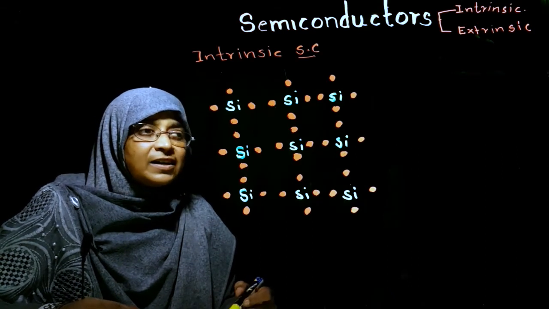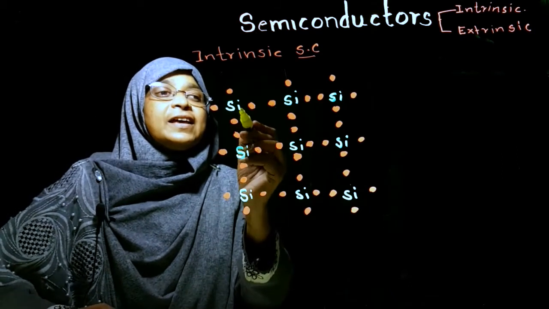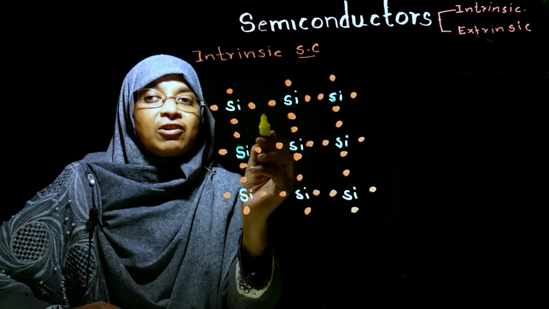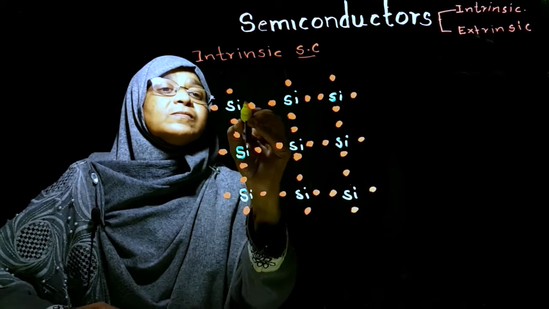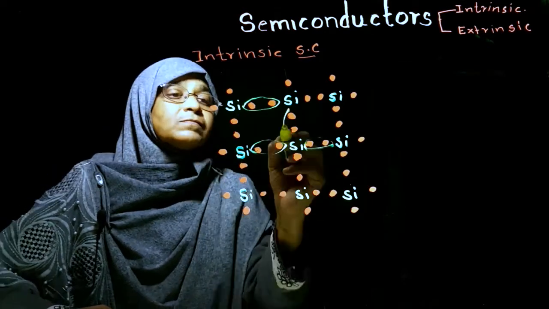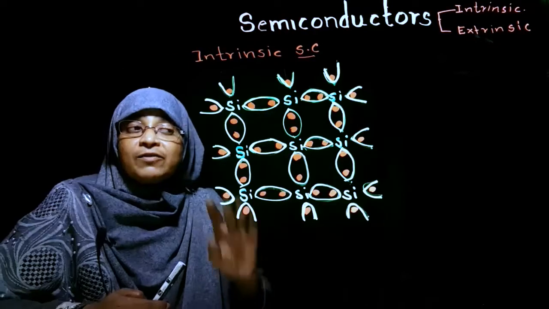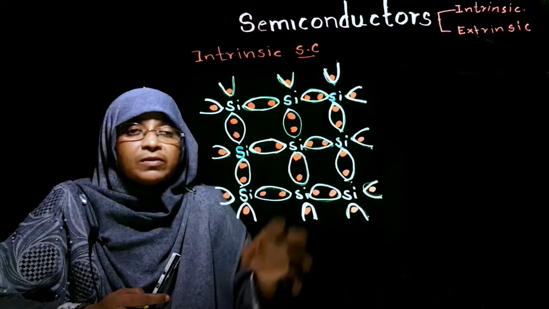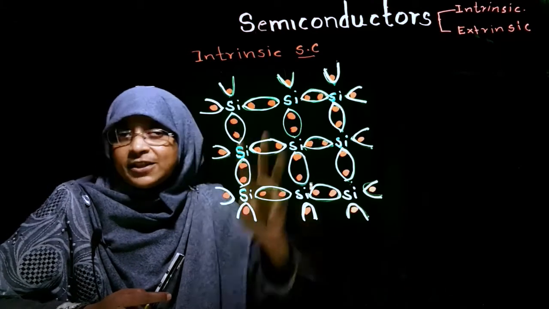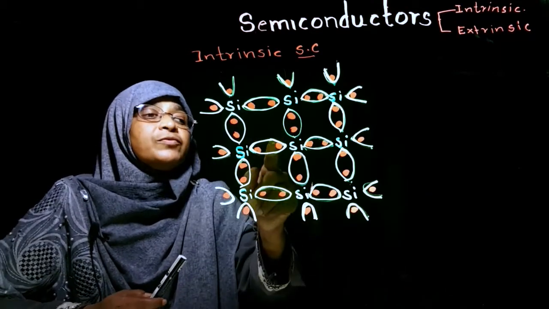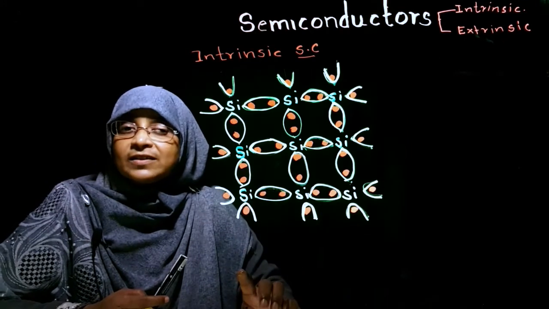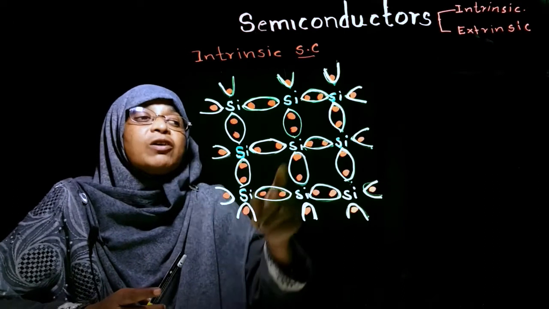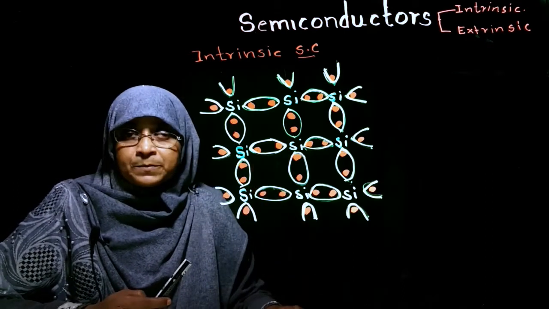Now here we can see these outermost shell electrons making bonds, covalent bonds. Every silicon atom makes covalent bonds with the other 4 atoms around it. Here 2, 4, 6, 8. So the silicon atom gets a stable electronic configuration.